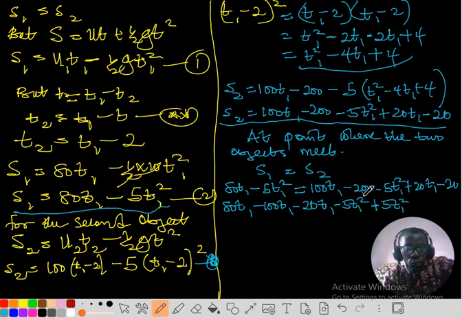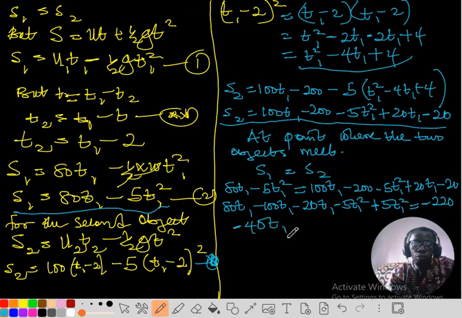Then we are left with 220, which could be equal to minus 200 minus 20, which will give us minus 220. For this part, we simplify 80 minus 100, that gives minus 20, then minus 20 minus another 20 gives minus 40 T1.